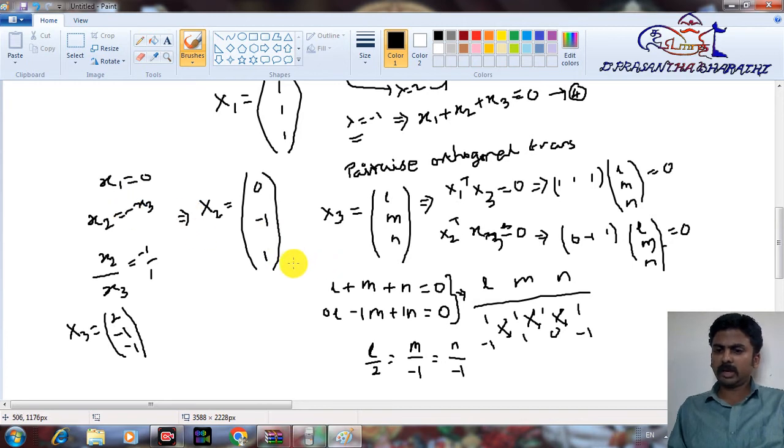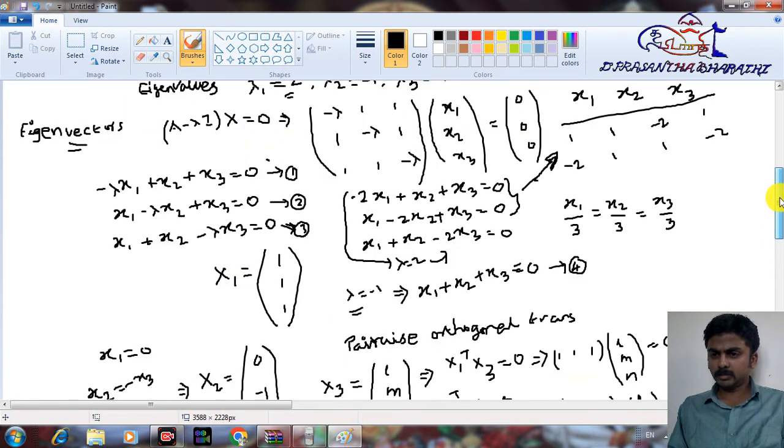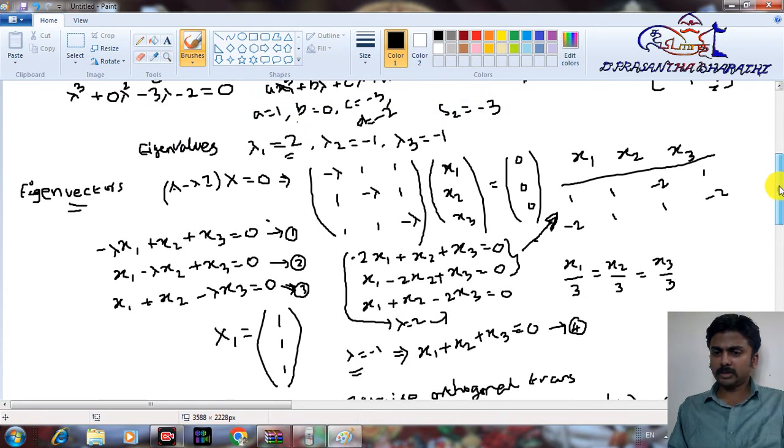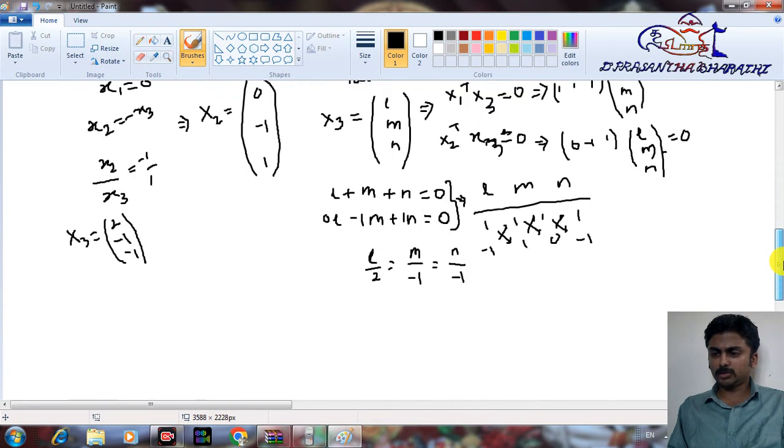So now we have three eigenvectors, and we have three eigenvalues. Now we want to find the normalized form and the normalized matrix. So what are the eigenvalues? Eigenvalues are 2 minus 1 minus 1.